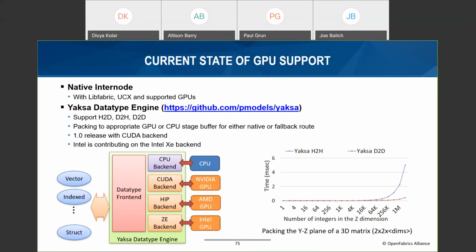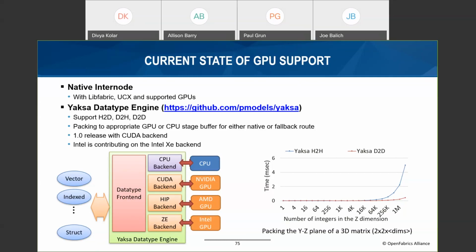Currently, a lot of this support focuses on getting the non-contiguous data ready and being able to use the GPU. What we did is this library called the Yaksa data type engine, which is available as a separate project on our GitHub. But it is also embedded as a submodule in the MPICH source code, so you don't need to manually check those out.